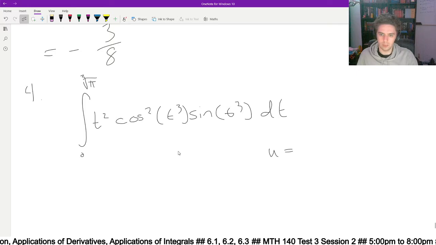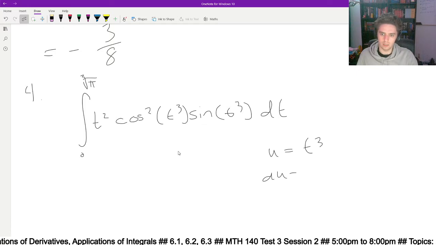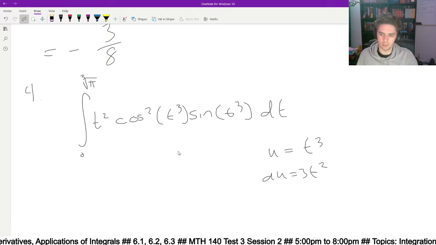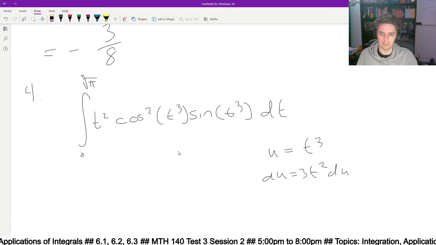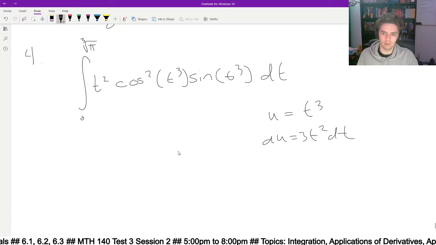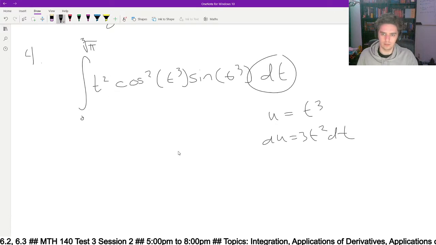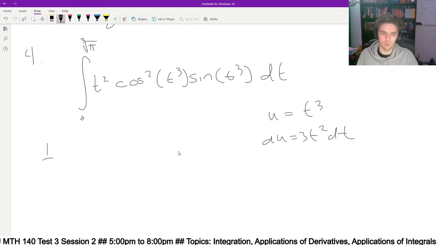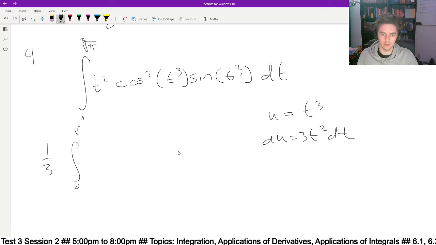So we can say u equals t cubed, du equals 3t squared dt, right? So we have our dt and t squared, so it's going to be 1/3 the integral from 0 to, not that.